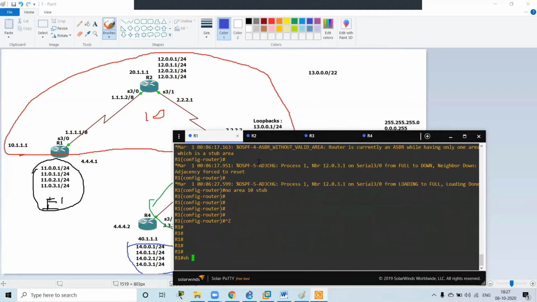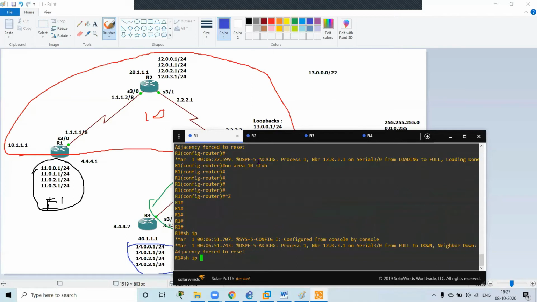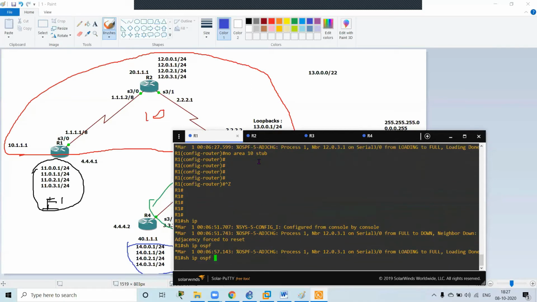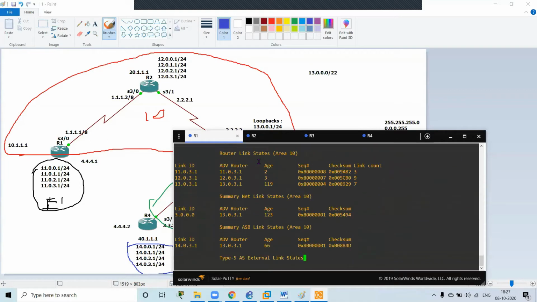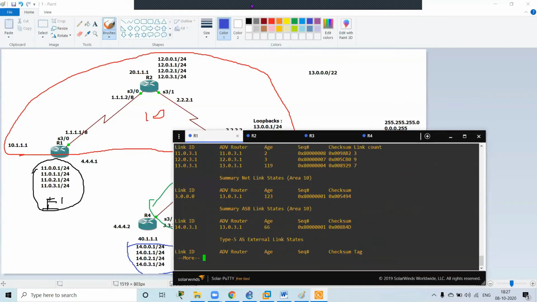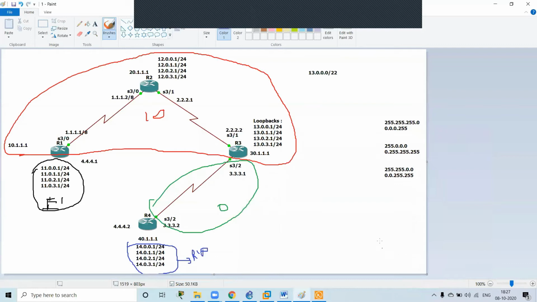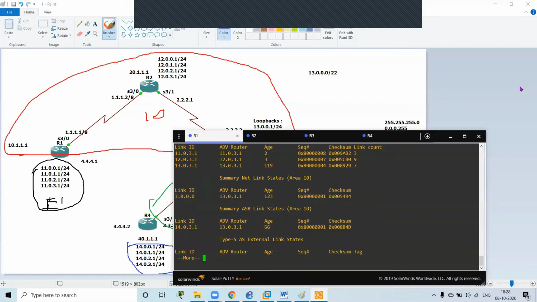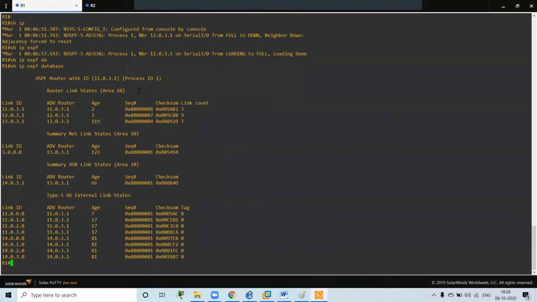On which router? Any area 10 router. So, show IP OSPF database. What is the LSA number? Okay, type 5 I can see.